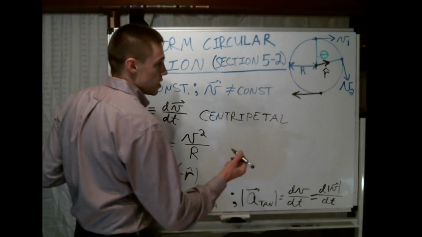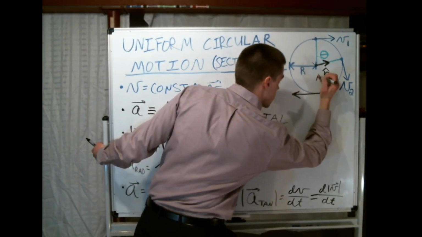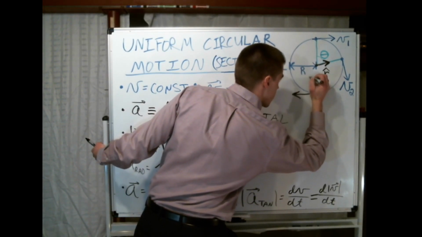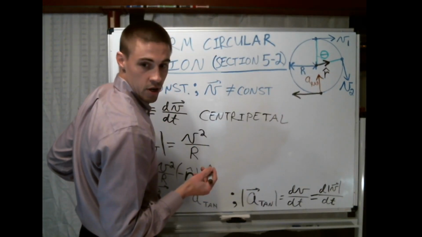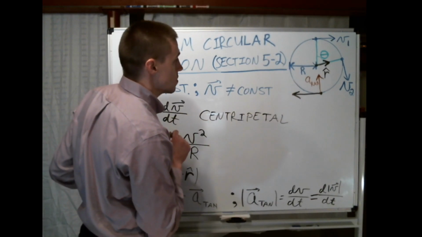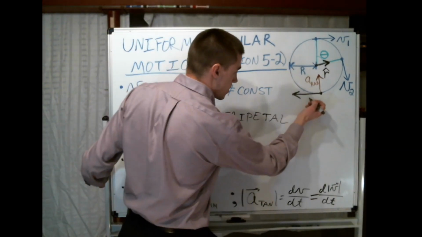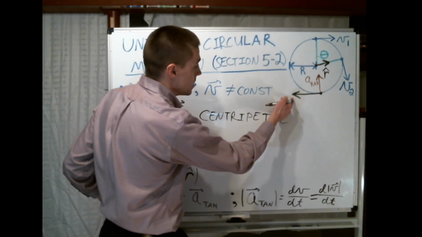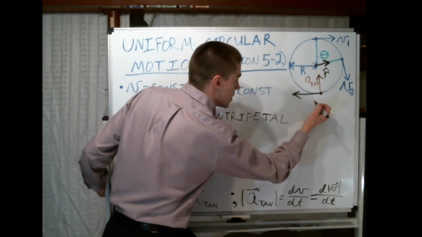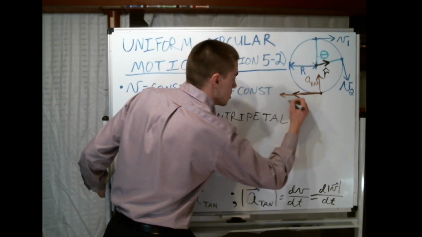It would have a radial component, with v squared over r as the magnitude of that component, and it would have a tangential component if the speed was changing in time, out in this direction.